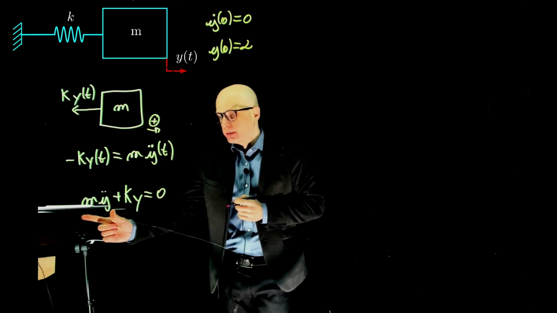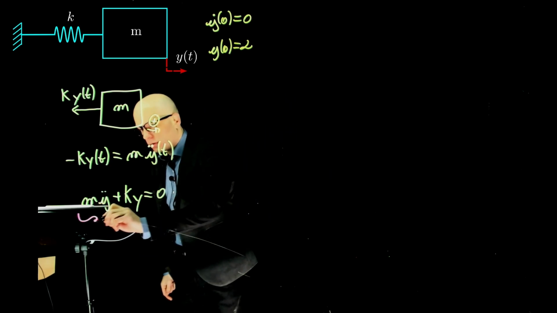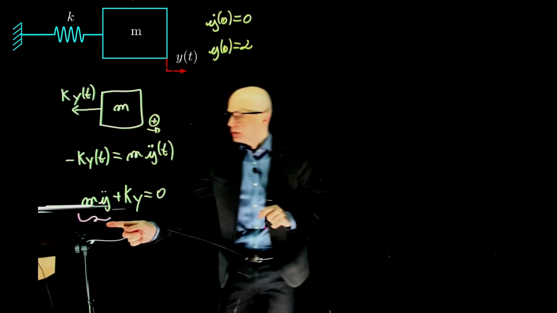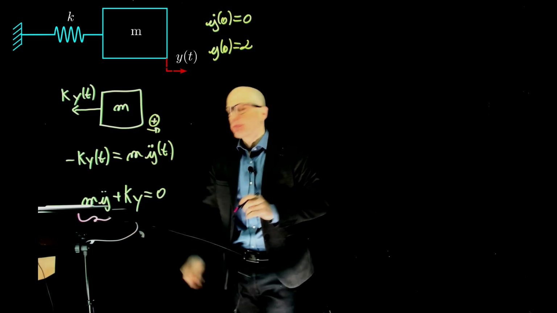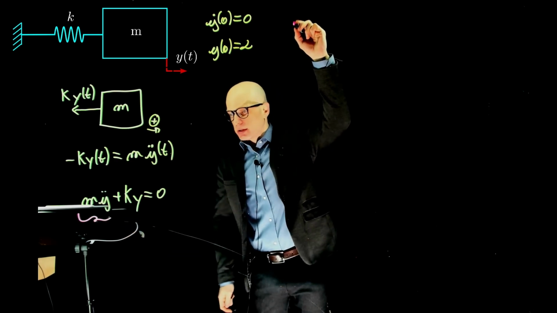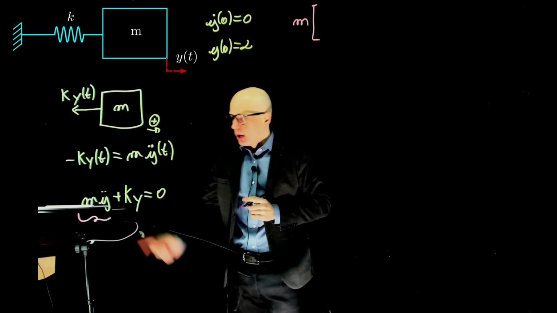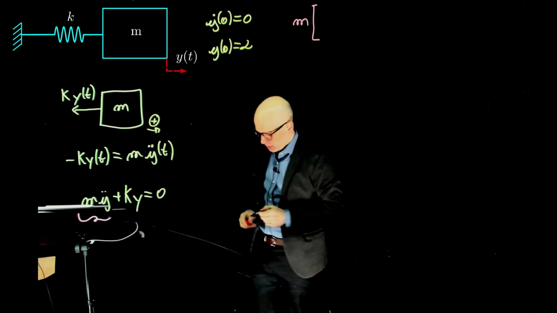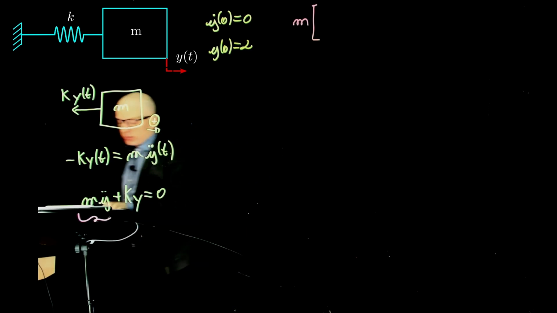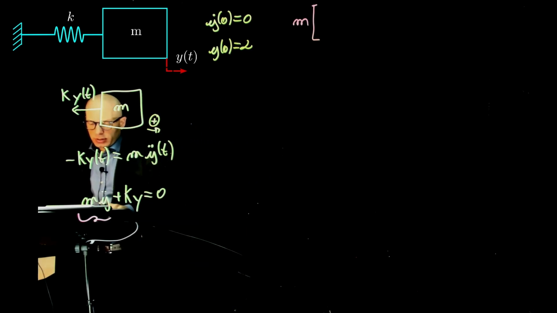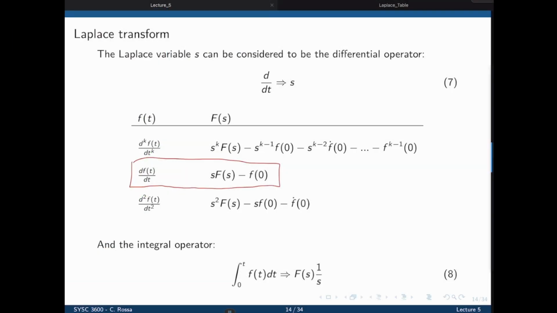So the first term, I'm going to write this one in red. Can you see this color? Yeah. In this color here, the Laplace transform of that. What is that going to be? It's going to be m, which is a constant, times the Laplace transform of the second derivative of y. So tell me what happens in here. If you go back to the table, to the slide that shows that, we are now dealing with the second derivative.